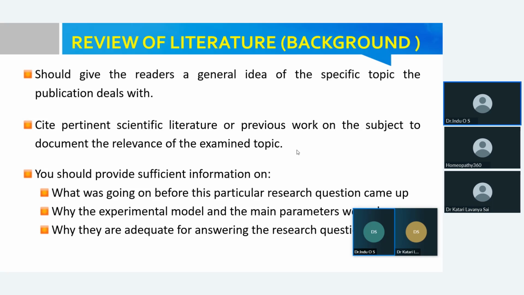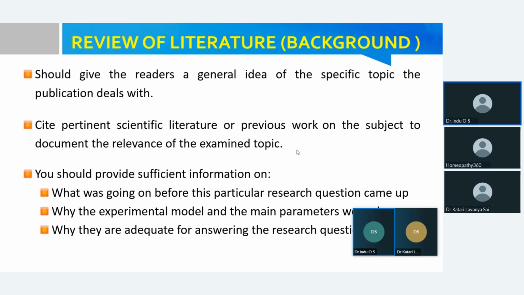Like what was going on before this particular research question came up. What is the present scenario of your topic, and why have I chosen this particular experimental model, as well as these parameters? While we are conducting a clinical study, we fix some parameters. If you are doing research in iron deficiency anemia, definitely you should make one objective parameter, that is serum ferritin.